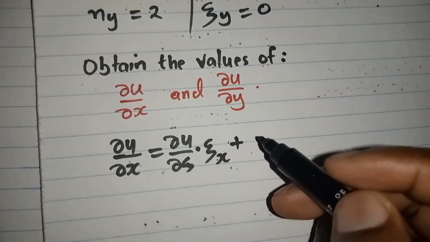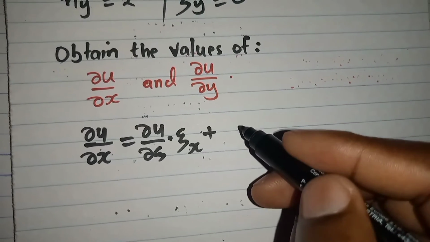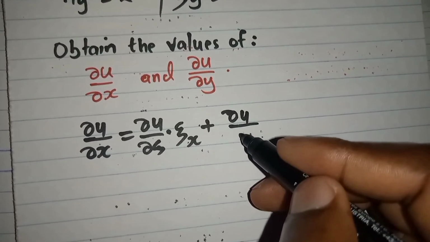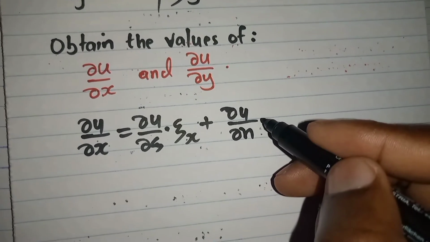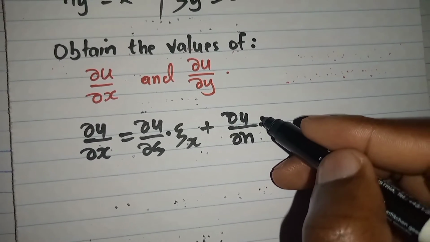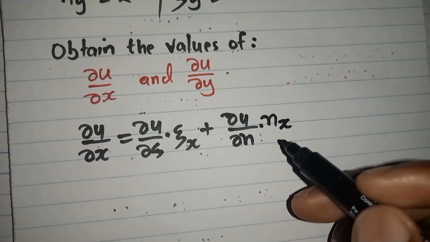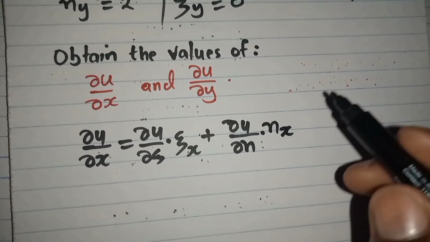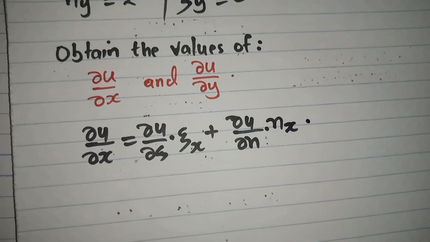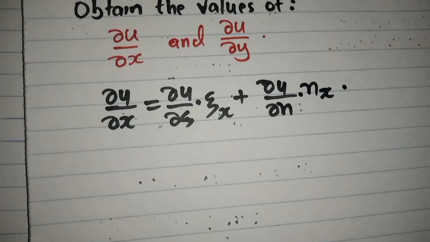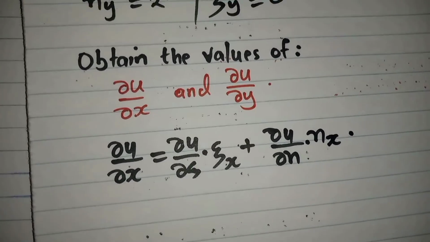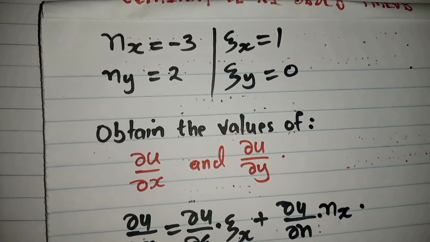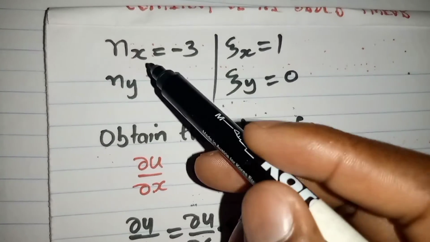Then plus the partial of u with respect to nu, dot nu x, instead of writing the partial of nu with respect to x. Remember that we have already obtained the values of nu x and xi x, so we substitute them here.